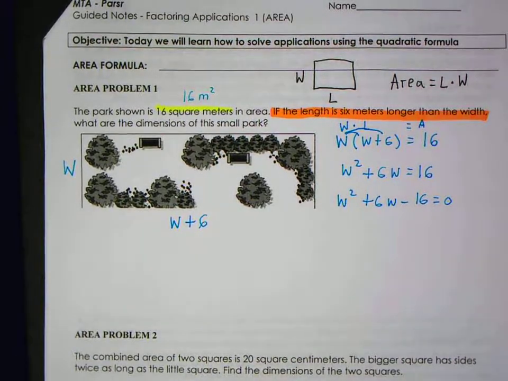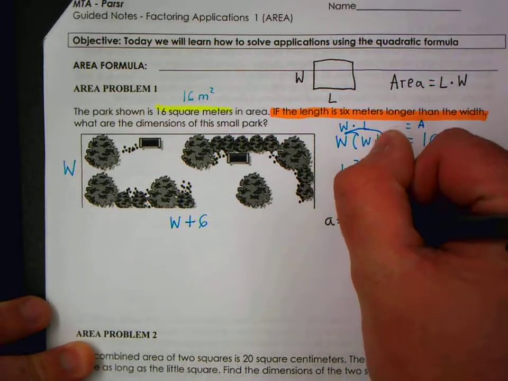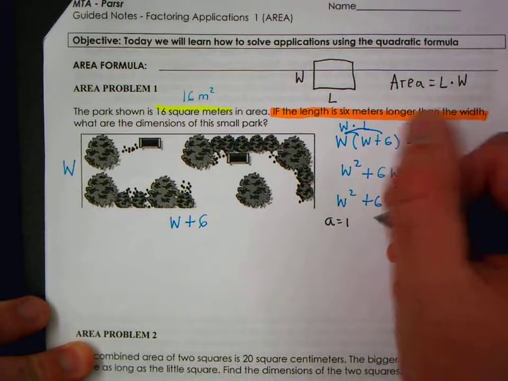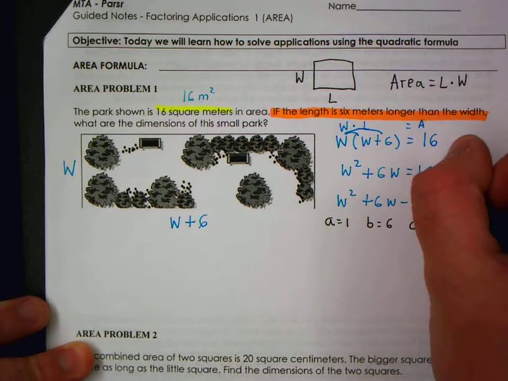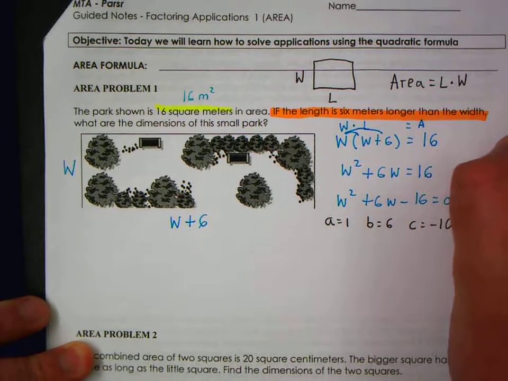Now we're going to plug into the quadratic formula, A, B, and C. A is 1, B is 6, and C is negative 16.